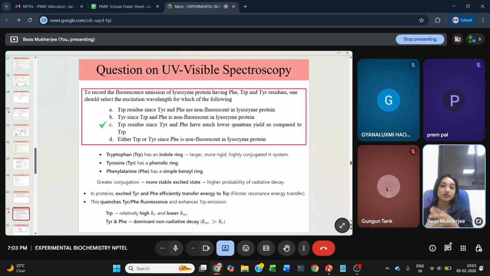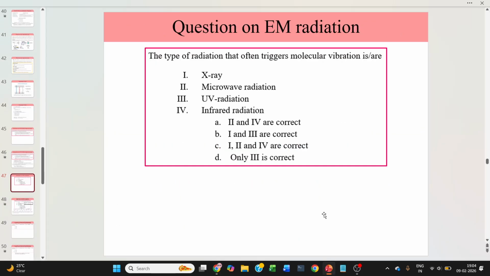That is because of which it has much better absorption capacity compared to phenylalanine and tyrosine. So if your protein by any chance has no tryptophan but some phenylalanine and, let's say, tyrosine, then it's very difficult for you because absorbance would be very low for that protein. Okay, so that is a sad story, right?